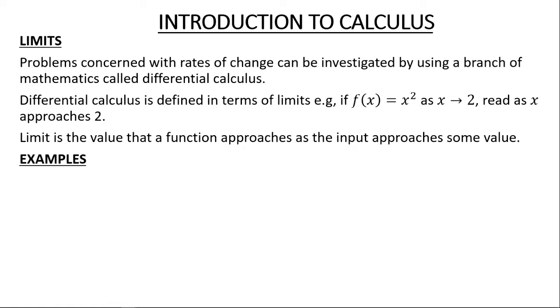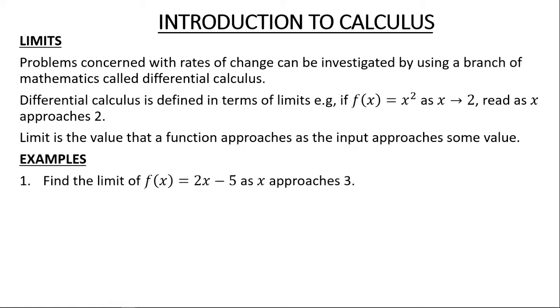We look at some examples. Question 1. Find the limit of f of x equal to 2x minus 5 as x approaches 3. These questions are solved like the way we solve functions, where we have the values of x, which are the domain, and the values of y, which are the range. So we just substitute the value of x in the equation.